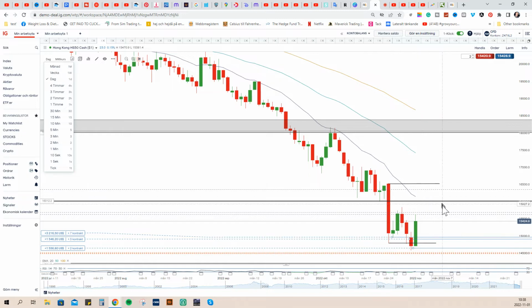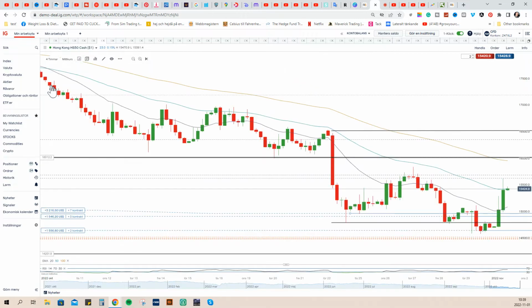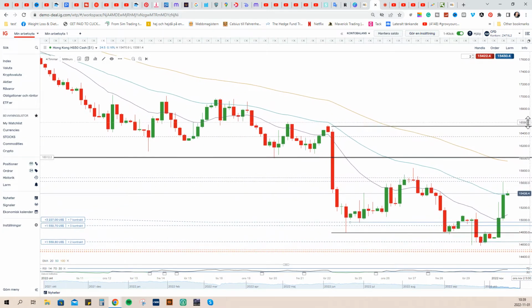It goes above here and then trend continuation on the downside. This is very important to look for false breaks, because that's what institutional banks, hedge fund managers do. They want to trick you. Trust me, I know. I am also a hedge fund manager, so I know the tricks.